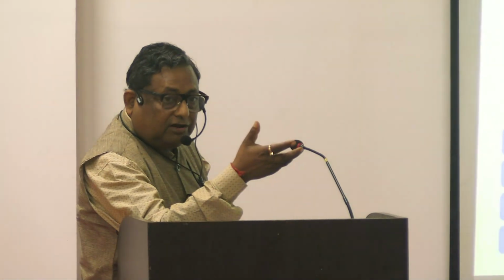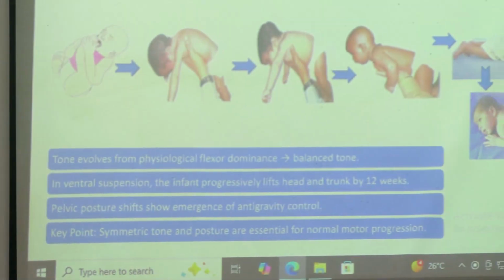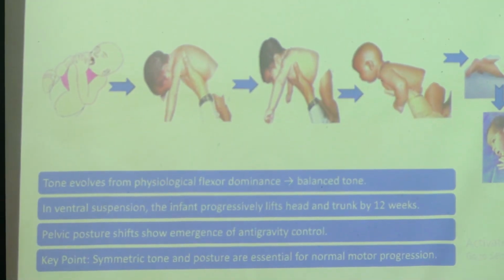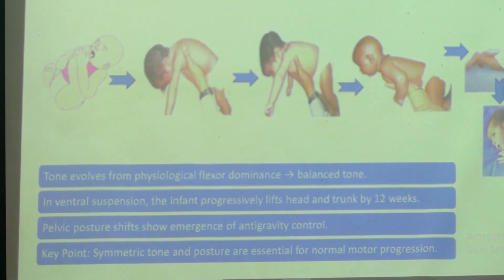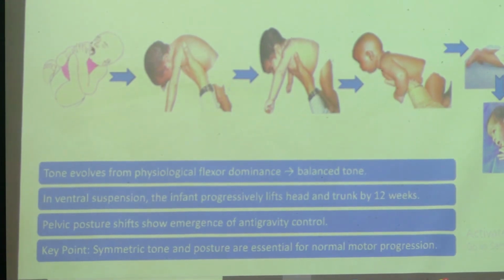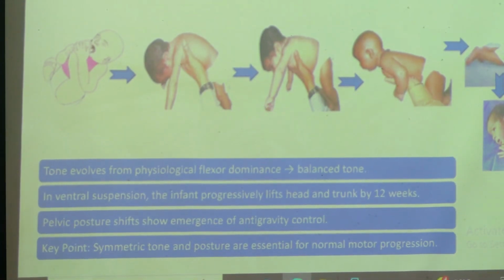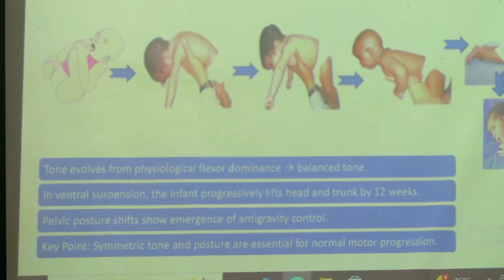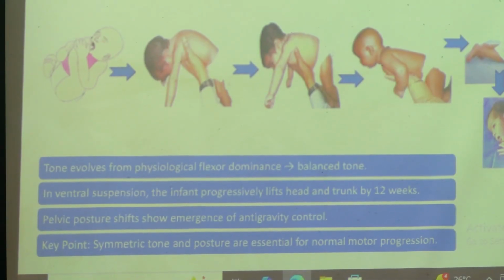After ventral suspension, you do the prone position. This is the prone position, okay? If you make the baby prone, at 2 weeks, the baby will lie like this. He will turn his head to one side and flex his limbs toward below the abdomen.